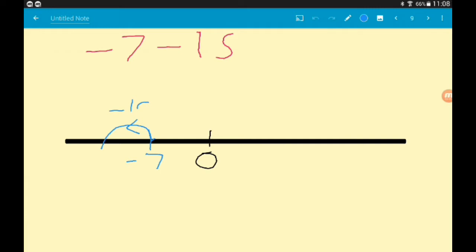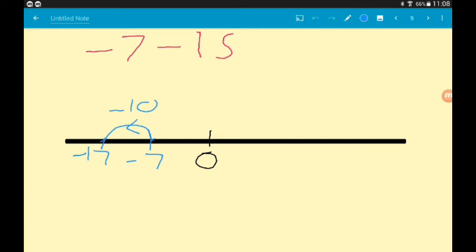So if we go minus 10, or minus 10 places, it's taking us 10 places to the left. So that is going to take us to minus 17. Altogether though, we need to go 15 places to the left. So we've got another 5 places to go.